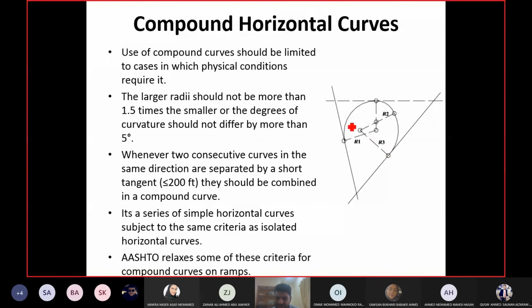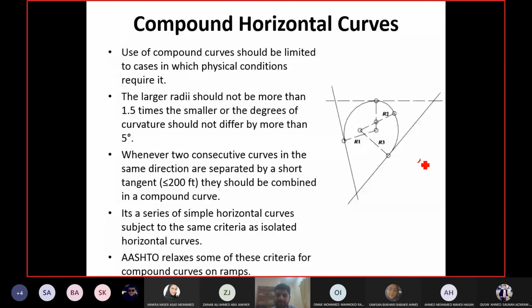If you replace this with a circular curve, then you cannot cover so much curvature between these 2 points. Maybe you will end up here. So circular curves need more space as compared to compound curves. So wherever we have to provide a sharper change in direction with less space, we go for compound curves.